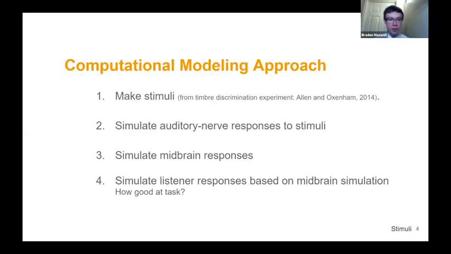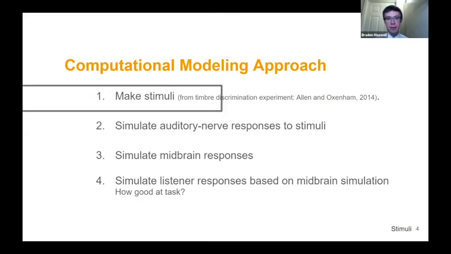And I'll describe that more in a second. Next, we plugged these stimuli into computational models that simulated neural representations of the spectral centroid, first in the auditory nerve and then in the midbrain. And finally, we used these model responses to simulate listener performance in Allen and Oxenham's experimental paradigm.